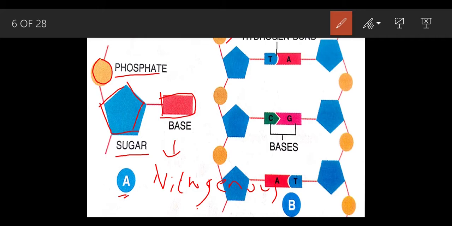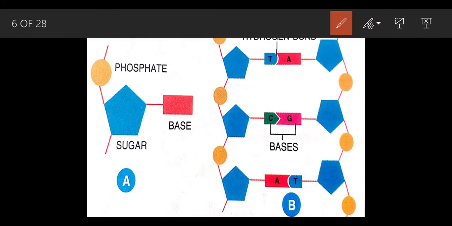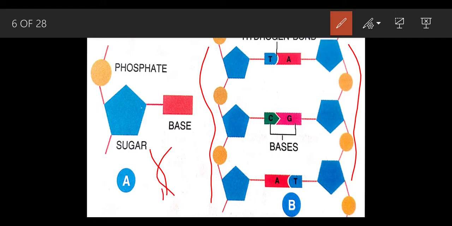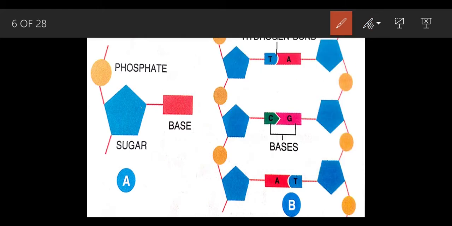But if you look at the DNA, this is one part and this is the other part, so it will look like this. Each one has been attached with a phosphate, a pentose sugar, and a nitrogenous base.